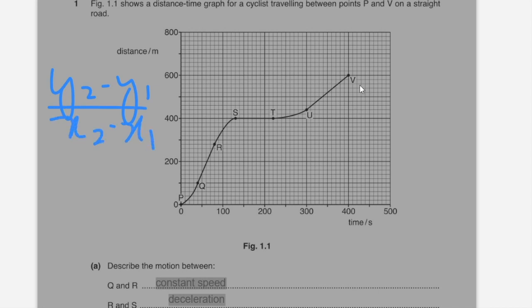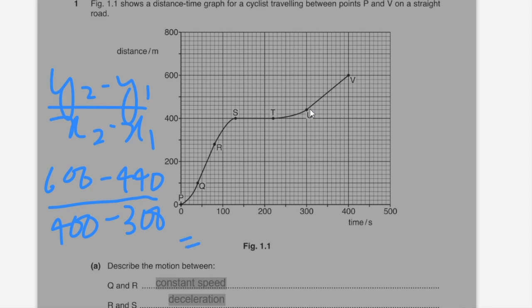So the value of y2 is V, that is 600, minus y1 and the value of U, which is 440, divided by x2, that is the x coordinate of V, and that is 400, minus x1, the x coordinate of U, and that is 300. And this gives us the answer as 1.6 meters per second.